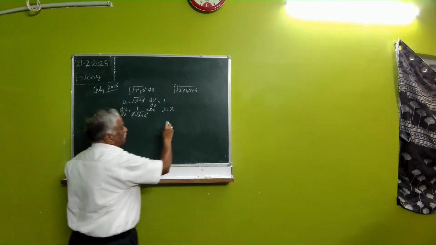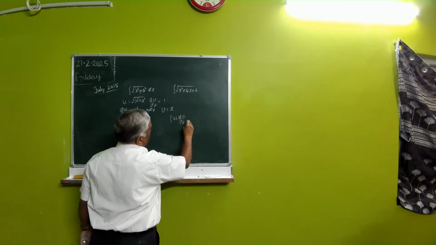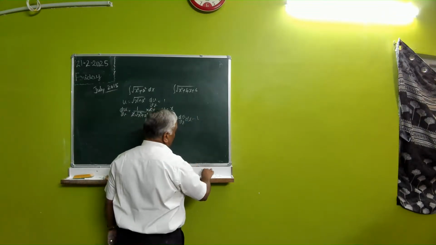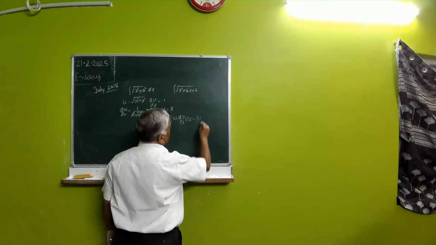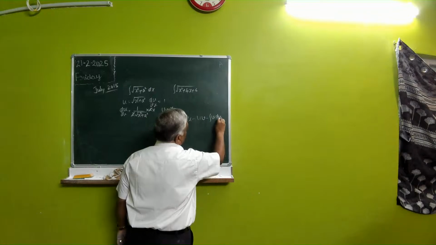So what is the integration by parts formula? Integral of u dv by dx dx is equal to uv minus integral of v du by dx dx.